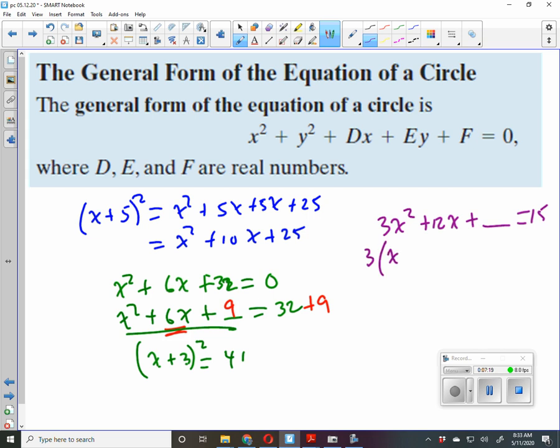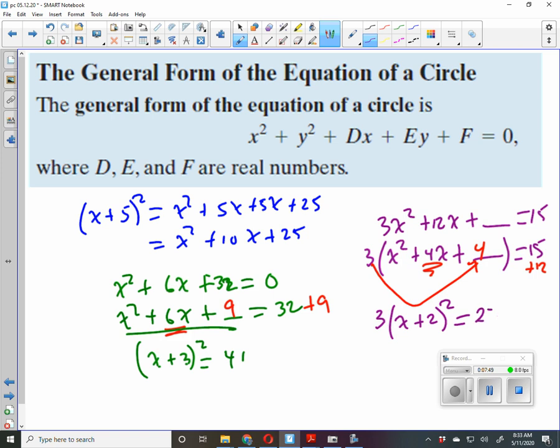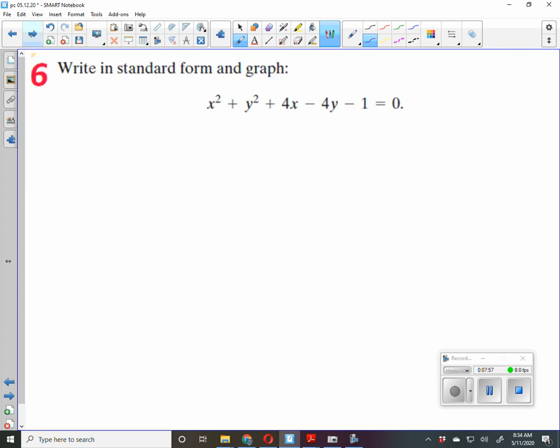So this is just x squared plus 4x plus something equals 15. Half the middle term squared is 4. If I add 4 here, I have to add, well, it feels like 4, but it's actually 12, because you have to multiply it. The 3 got factored out. This now gives me a perfect square, (x plus 2) squared equals 27, and we can work from there. That's a brief reminder of what completing the square is all about.